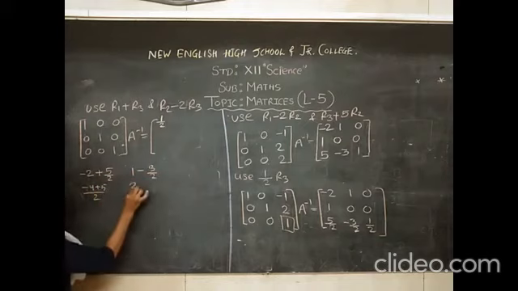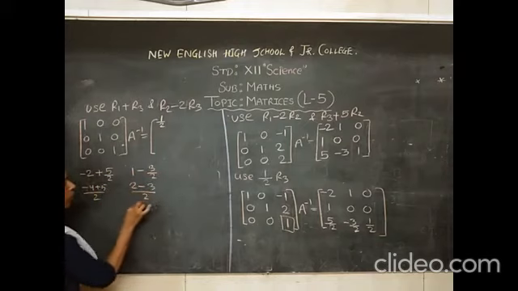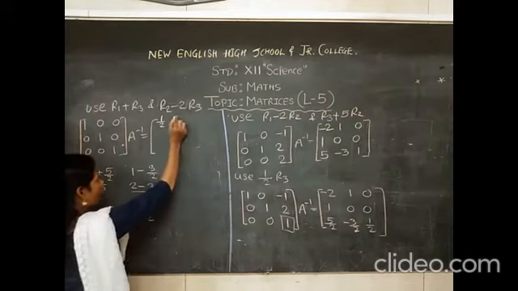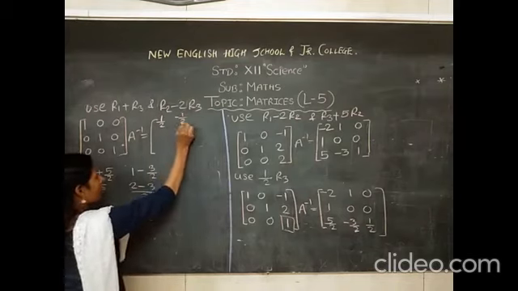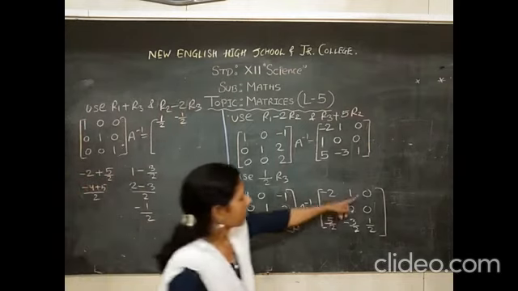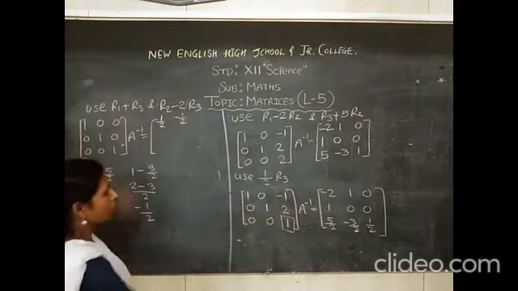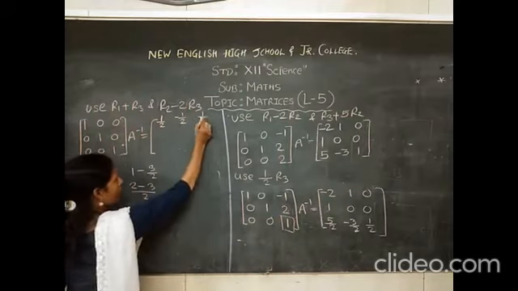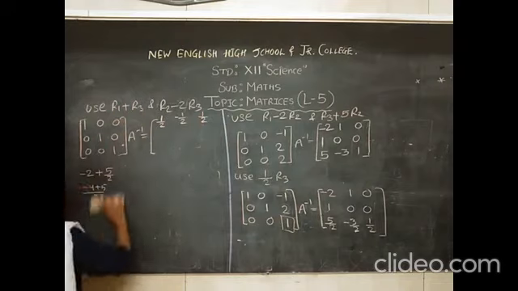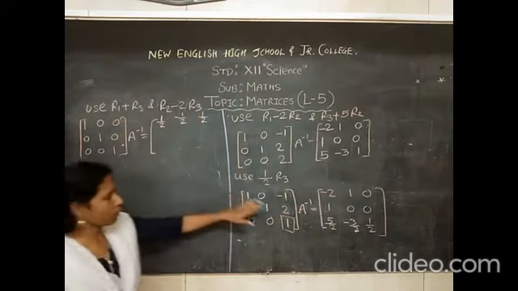Here 2 minus 3 upon 2, that is minus 1 upon 2. You should do the calculation carefully. Next, R1 plus R3 means 0 plus 1 by 2. It's simple. It's very easy. You can do it.